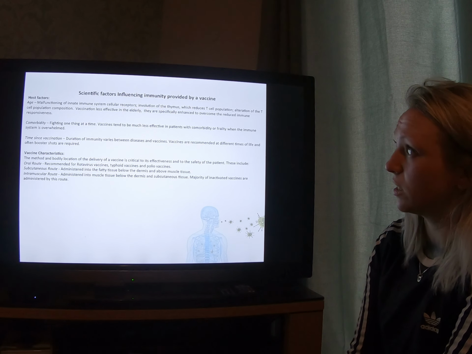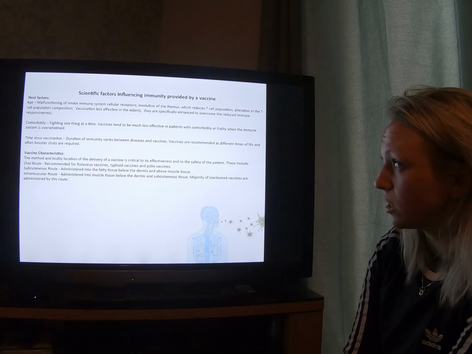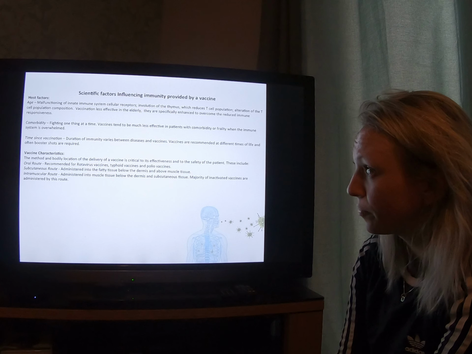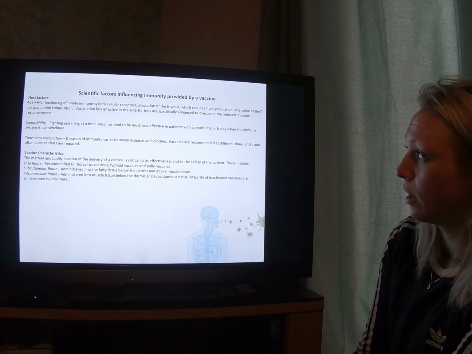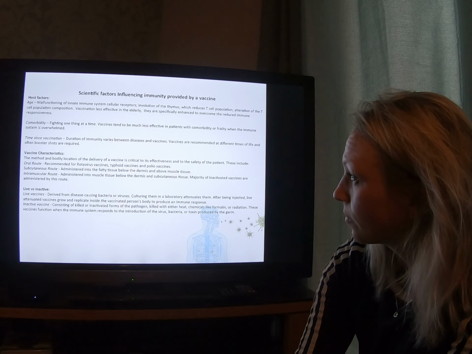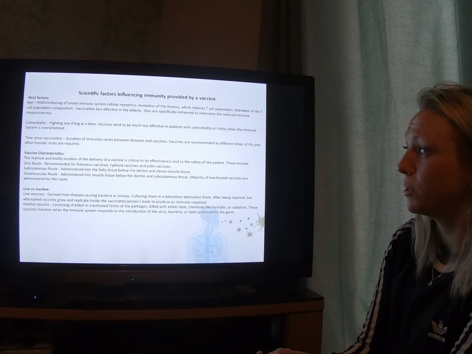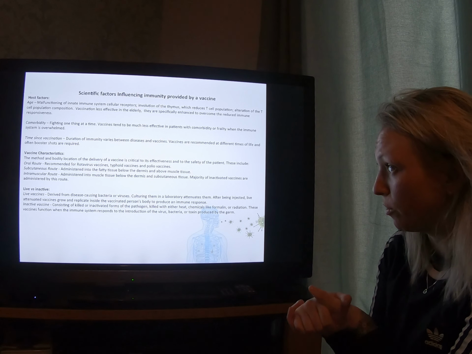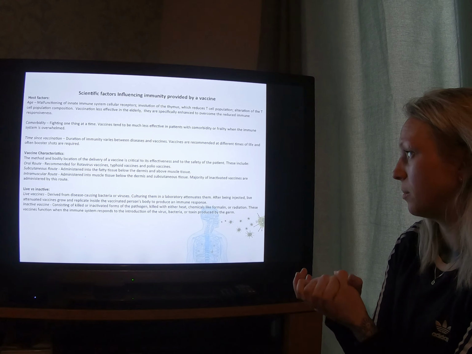Vaccine characteristics is another factor. So the route into the body: you've got oral route, subcutaneous route, and intramuscular route. And live versus inactive as well. Live vaccines are derived from disease-causing bacteria or viruses. Culturing them in a laboratory attenuates them.